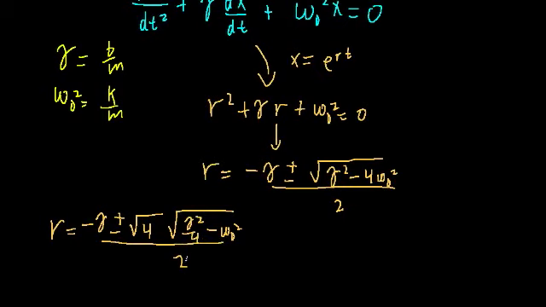Now the reason why I did that is now we can just divide each term by 2, and we get that r is equal to negative gamma over 2 plus or minus this radical 4 term cancels out with a 2, so we're left with the square root of gamma squared over 4 minus omega naught squared.